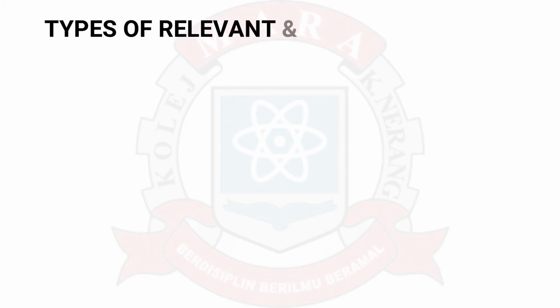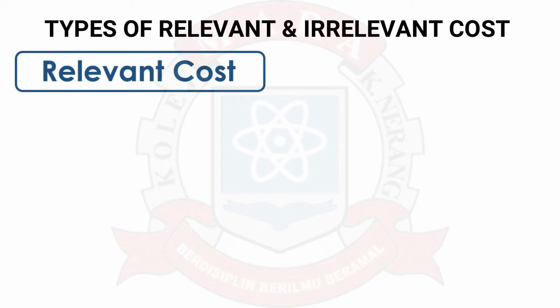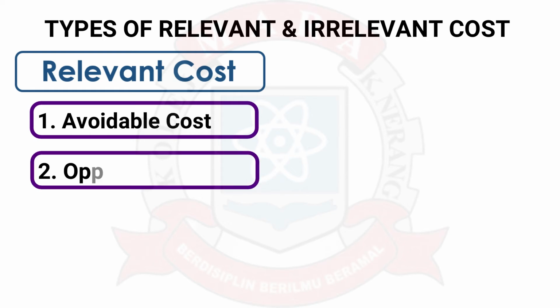Alright. If you have understood the meaning of relevant and irrelevant costs, let's take a look at the types of relevant and irrelevant costs. Types of relevant costs: number 1 is avoidable costs. Number 2, opportunity costs.